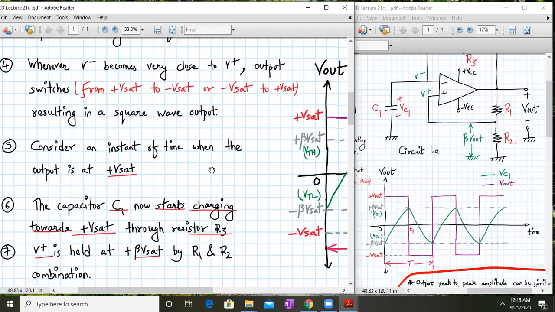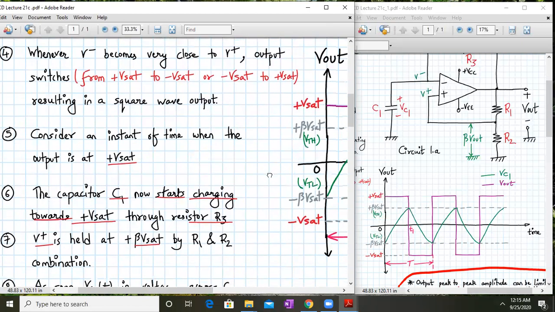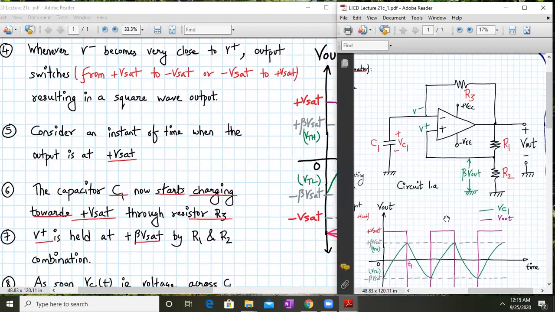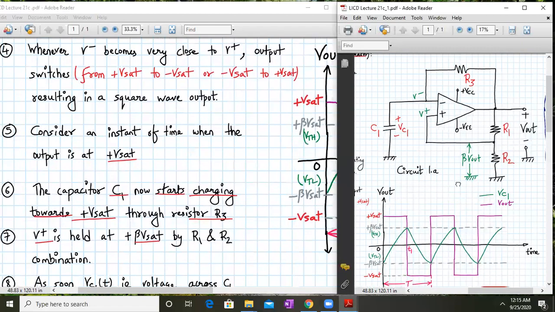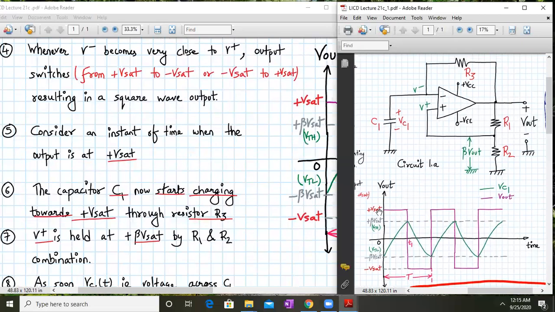So we consider that at an instant of time the output is at plus VSAT. So basically we are talking about this point over here.